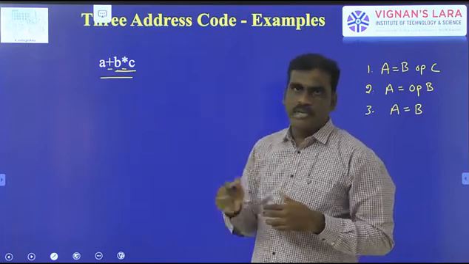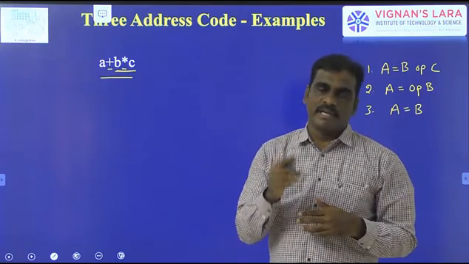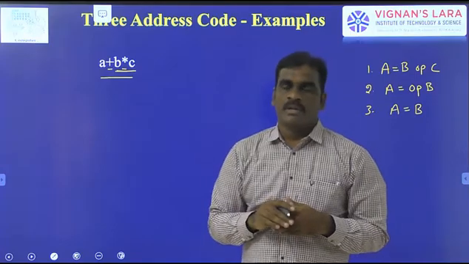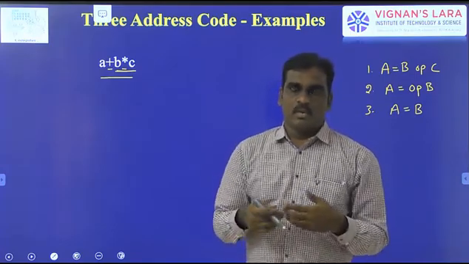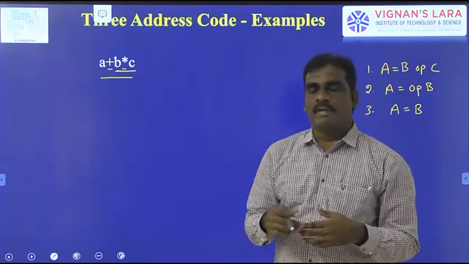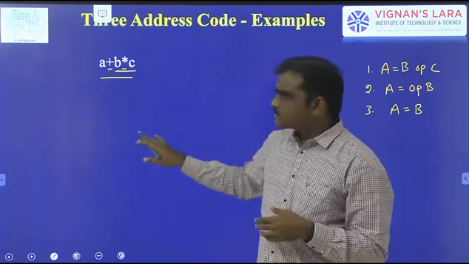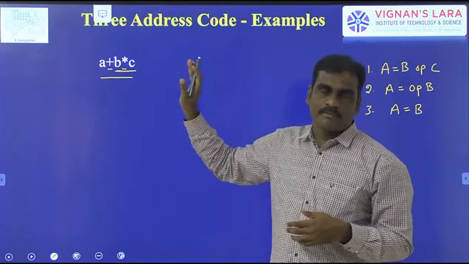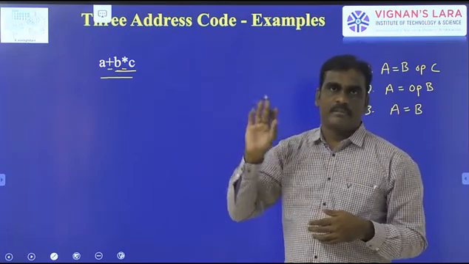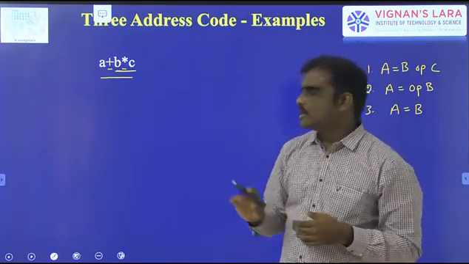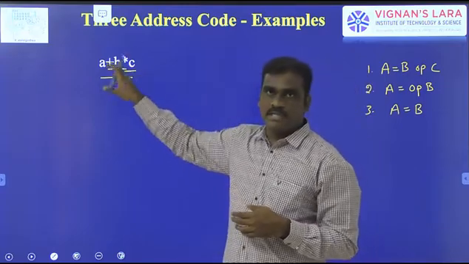You can use any number of temporary variables and any number of statements, no problem. In the next step, code optimization, we mainly concentrate on optimizing the code. The basic condition is that we do it without changing the actual meaning of the statement.